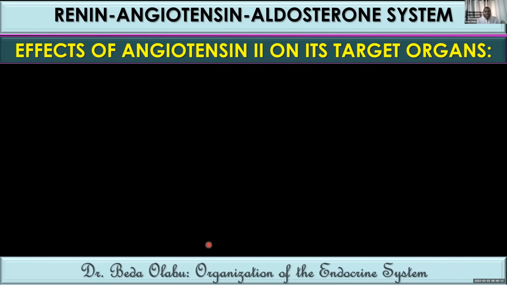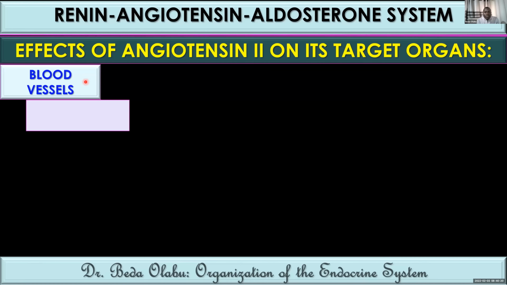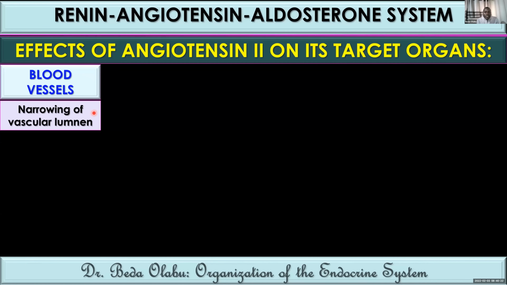Angiotensin II acts on several target organs. It acts on blood vessels. And its primary effect on blood vessels is to cause narrowing of the lumen of blood vessels. This is because it causes the smooth muscle of the wall of blood vessels to contract.